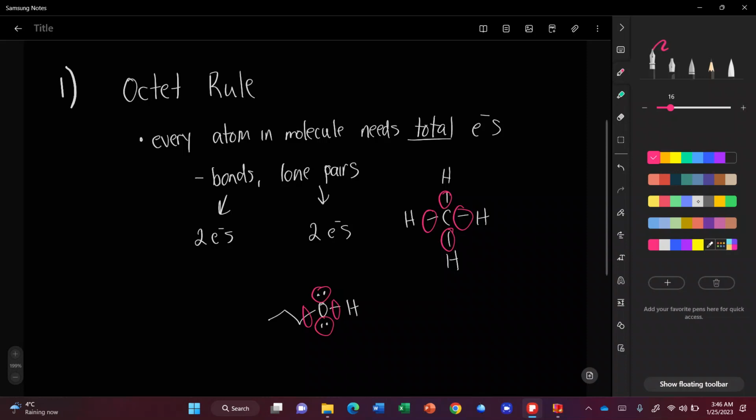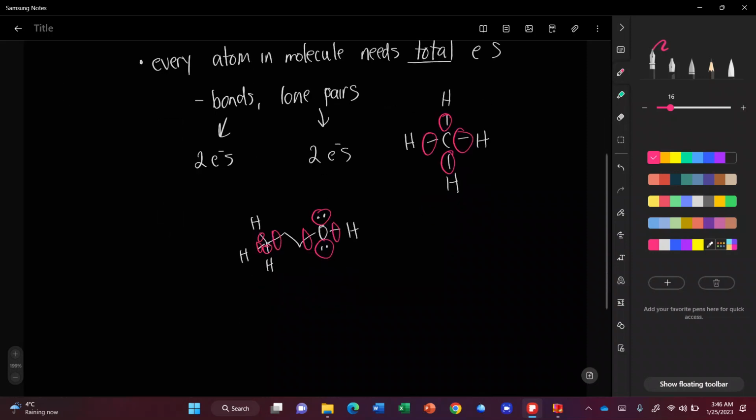If you draw in the implied hydrogens on carbon, you'll see that the carbons are all following the octet rule as well. For example, this one has a hydrogen and a hydrogen, so that carbon has 4 bonds: the carbon-carbon bond right there, and then the 3 carbon-hydrogens. So that carbon, again, is following the octet rule.